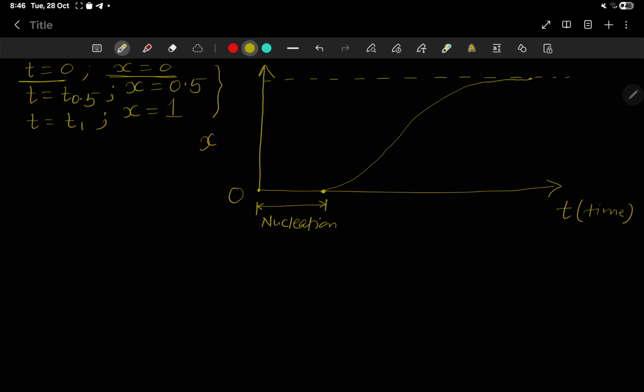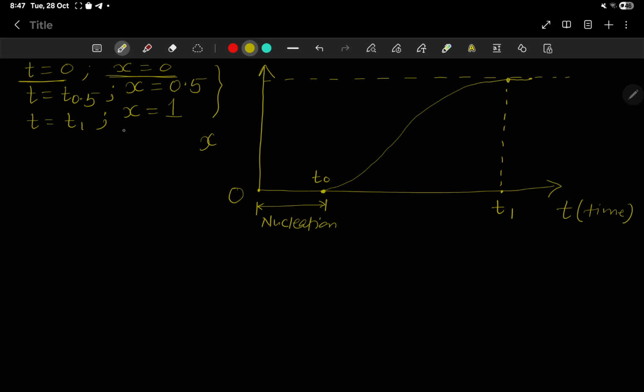Okay, so what we have observed, this is t0, and at this time we call it t1, or complete solidification time.